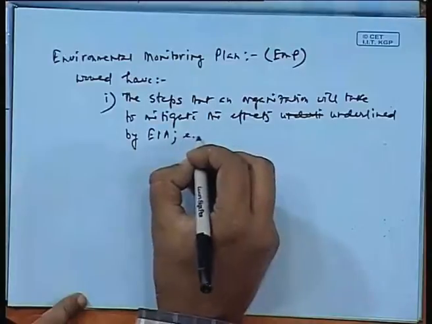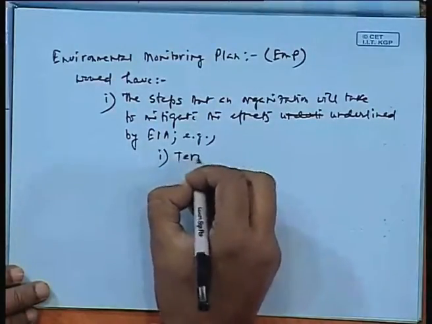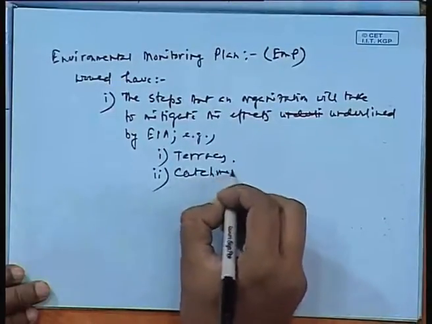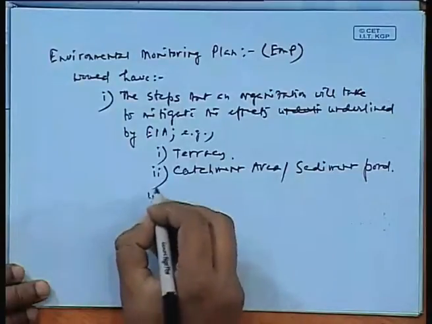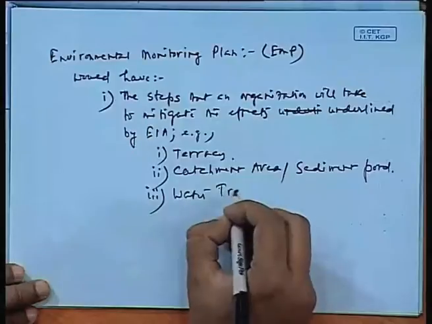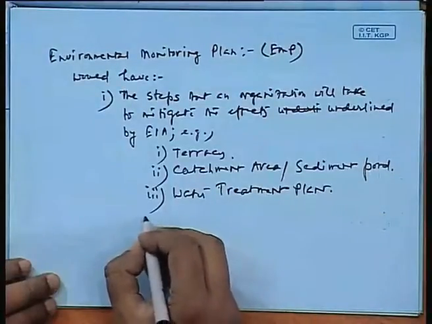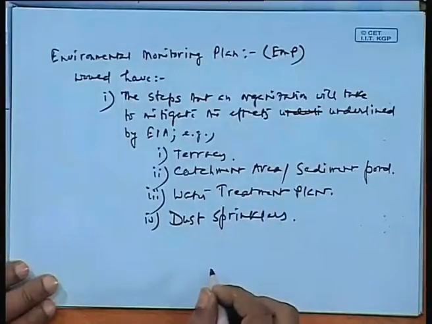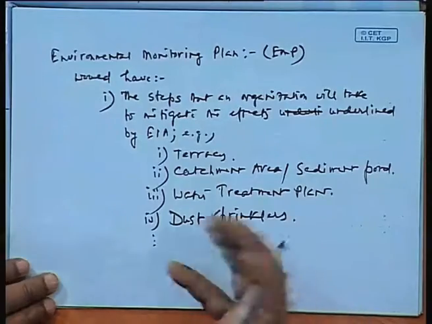Say for example, what it would try to do is, say, form terraces, it says that I will form a catchment area, or I will create a sediment pond, I will create a water treatment plant, I would use dust sprinklers, etc. You can think of whatever kind of things are required, say water treatment plant, different types of water treatment, primary, secondary, tertiary water treatment plants that we have known of.